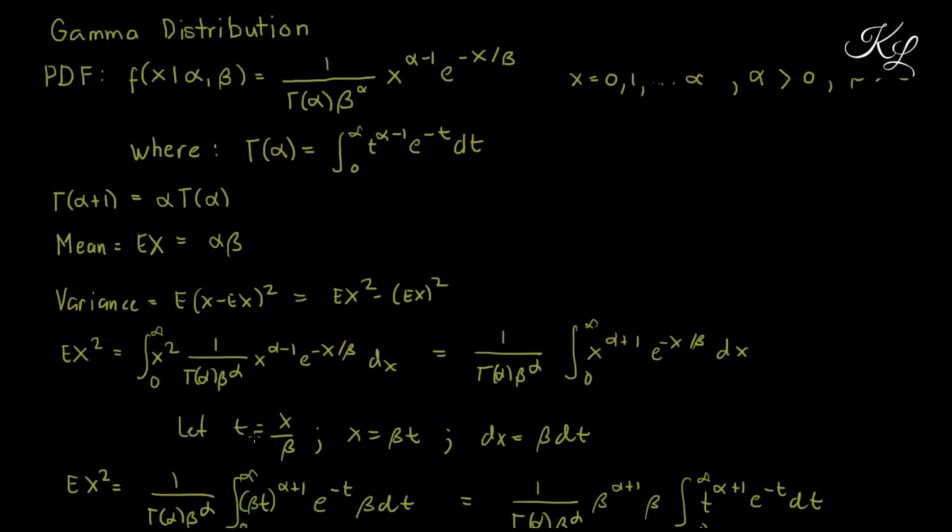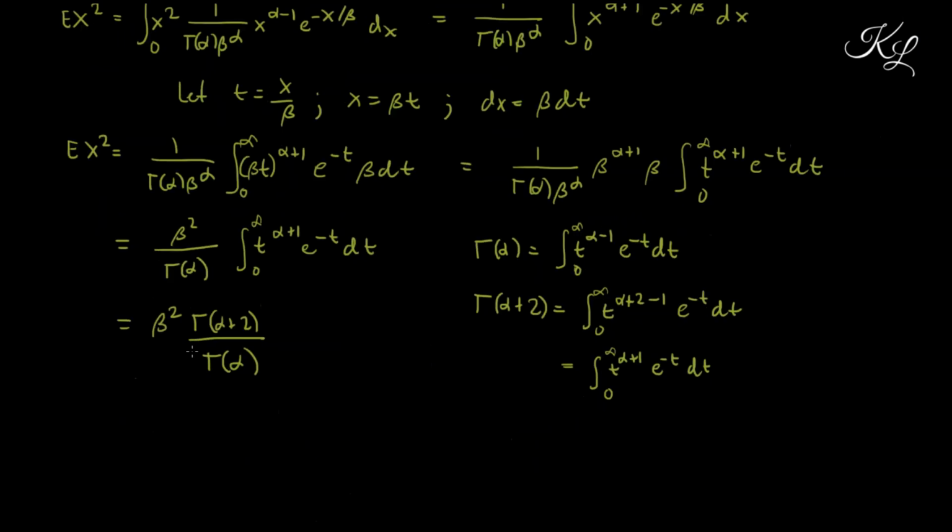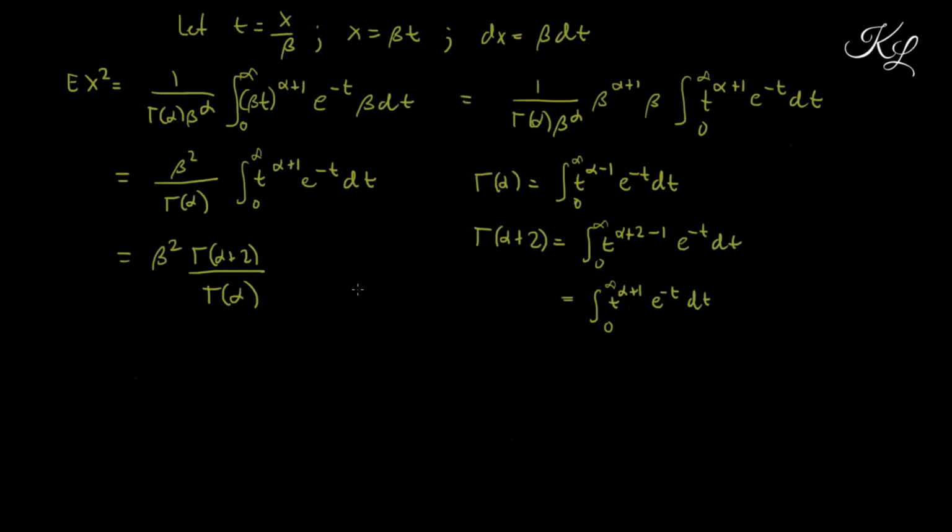Now we're gonna use our identity for this one. I will rewrite it in here: gamma of alpha plus 1 is equal to alpha times gamma of alpha. We then have gamma of alpha plus 2. Similar to this one, this alpha is from alpha plus 1 minus 1.